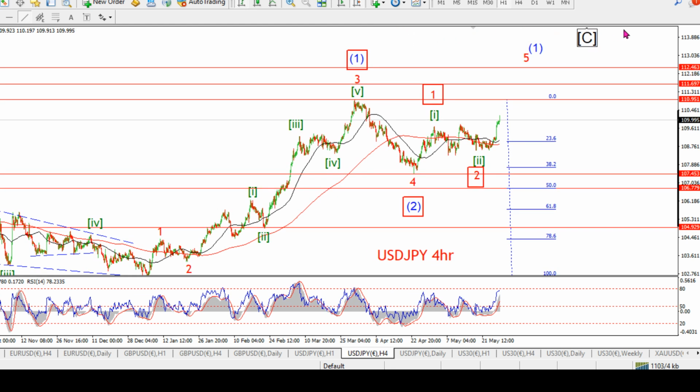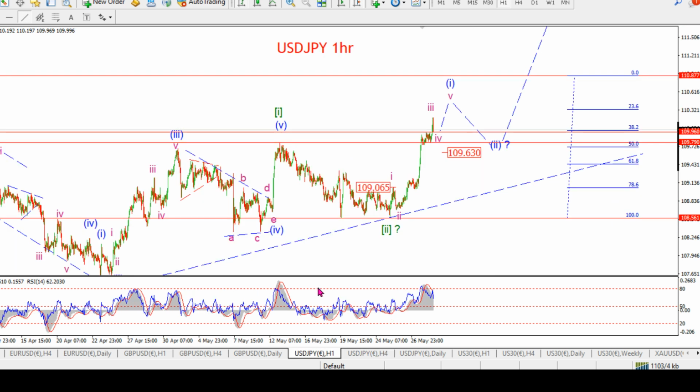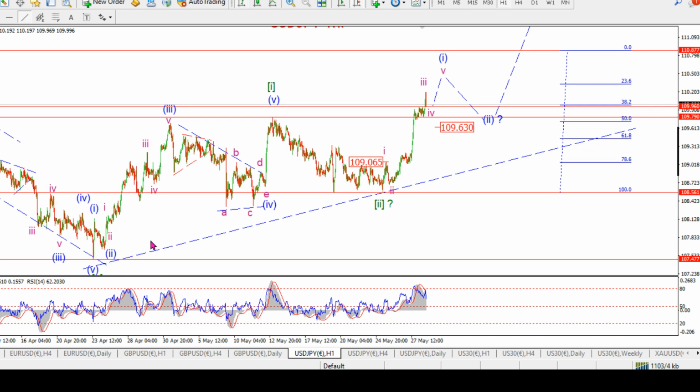Okay, it's a long wave right there. For the moment, it looks like we have either a 1-2-1-2 pattern or a large running flat wave 2. So let's get into the hourly chart here. There's a myriad of ways you could count this right now.